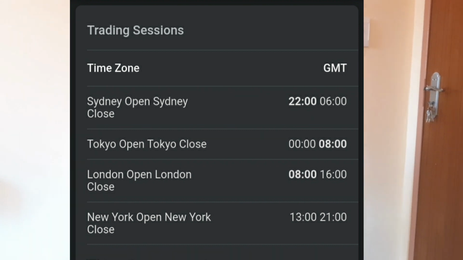Those four or five, but I normally trade NASDAQ during the New York trading session. The reason is that at this time a lot of traders are in the market, and because NASDAQ belongs to America, a list of the top 100 American companies, it is mostly traded during the New York trading session.